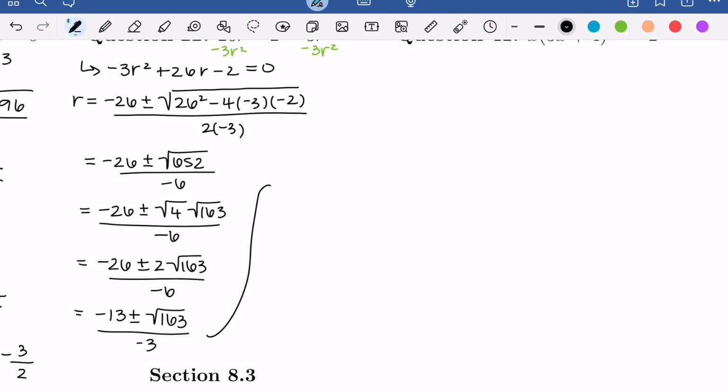What we're going to be left with then is what's in our solution set, so I'll just write that here. That's going to be positive 13 plus or minus the square root of 163 all over positive 3. So this would be our solution set here. Since we're not going to get nice numbers when we evaluate this, we can just leave this as our answer.